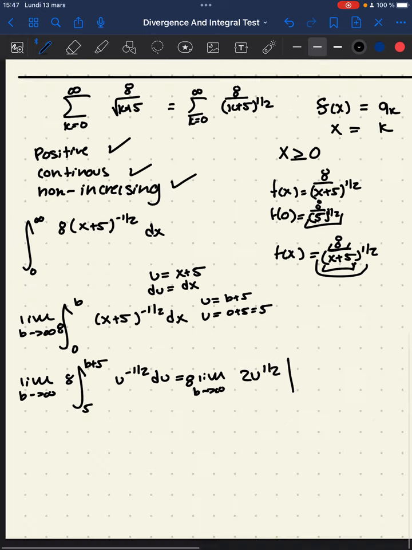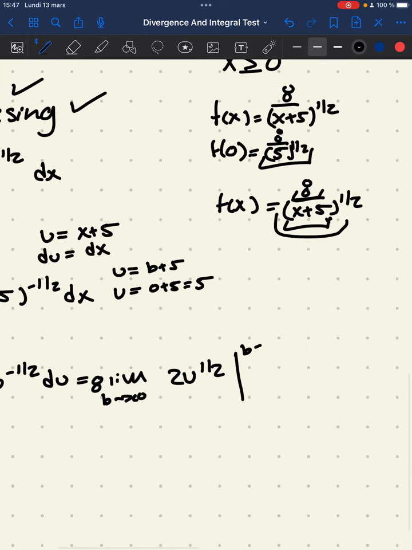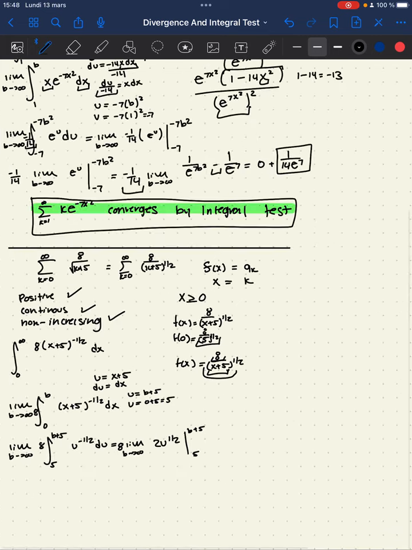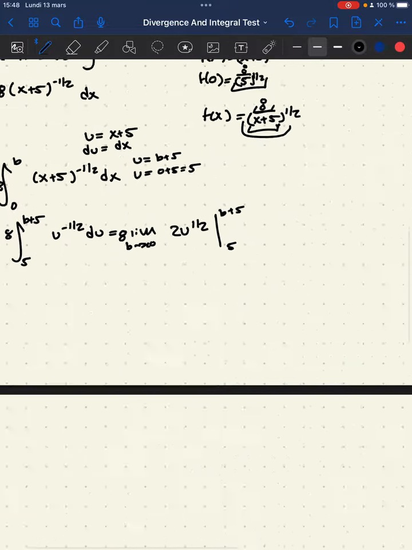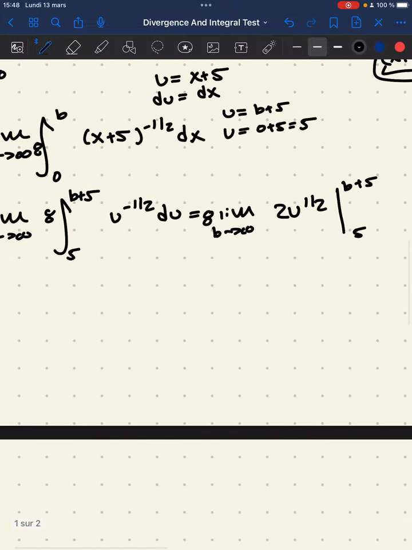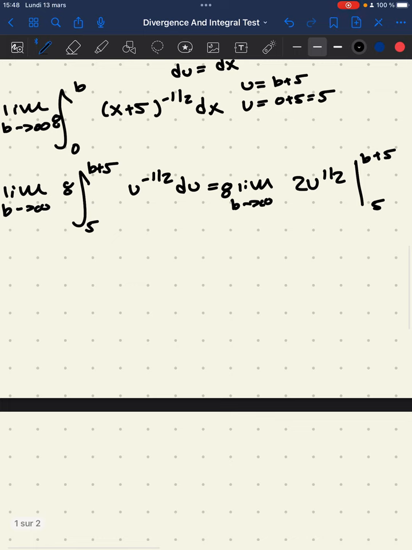We plug in the new bounds, b plus 5 and then 5. So this will just be a limit, and we can just take out this 2 right here, and so it'll be 16 at the front.